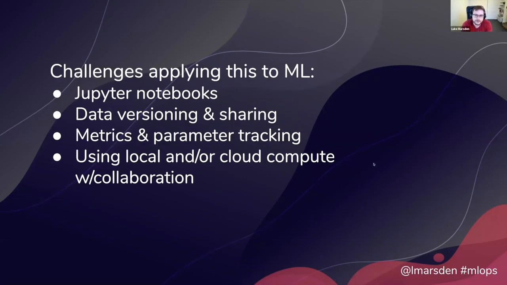So what are the challenges of applying asynchronous collaboration to machine learning? Well, they are numerous. The first problem is that Jupyter notebooks don't version control very well, and a lot of data scientists use Jupyter notebooks. Another challenge is that data versioning and data sharing is difficult in a collaboration context, because you can't very easily put your data in Git.